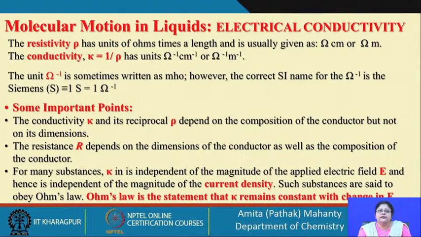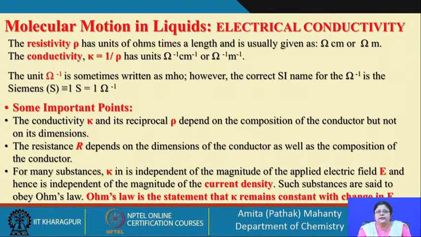Such substances are said to obey Ohm's law. Understood? We are defining Ohm's law in terms of what is the correct definition. A substance has a kappa value, the conductivity, which is independent of the applied electric field E, and hence is independent of the current density.